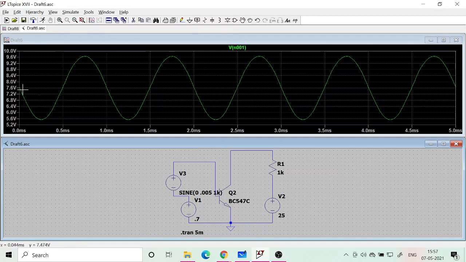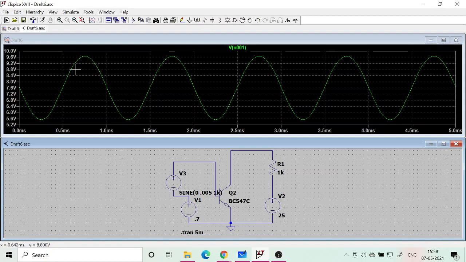This variation is going from around 5.5 to 9.5. So 9.5 minus 5.5 is 4 volts. So my delta V out is 4 volt, whereas my delta VBE is only 10 millivolt.